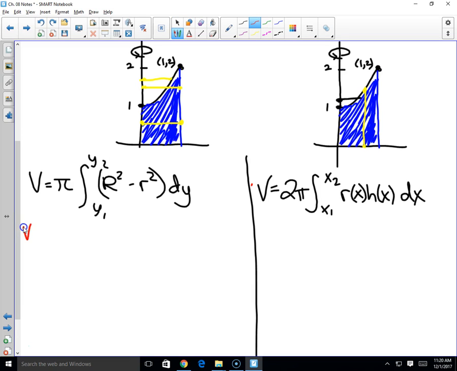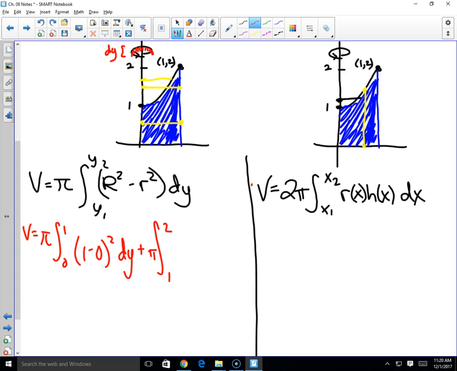When I go to set up my integral expression, I would have pi times, from 0 to 1, what would I go ahead and put in? I have dy, those are my circular discs. 1 minus, good, 1 minus 0. From 1 to 2, what would I have?